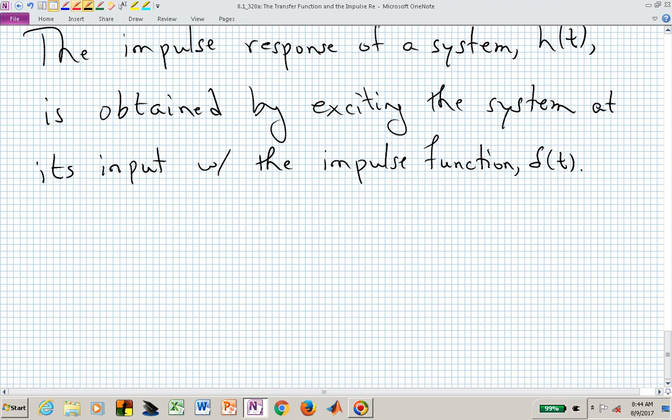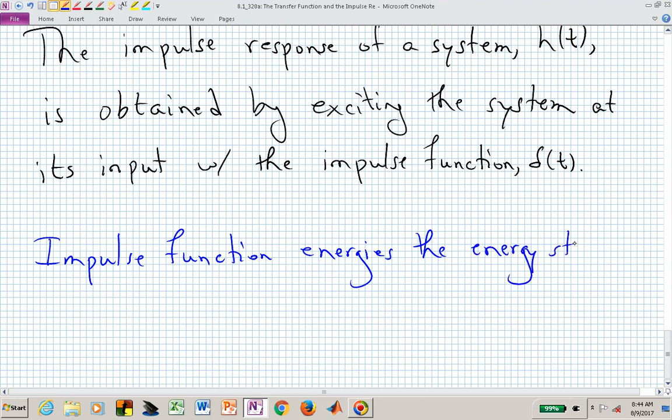And like I said before, the impulse function energizes all of the energy storage devices in our system if the input is effective at reaching those.